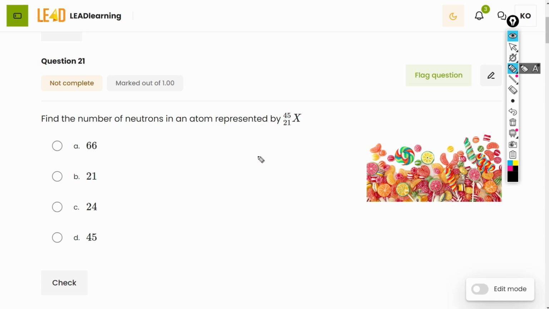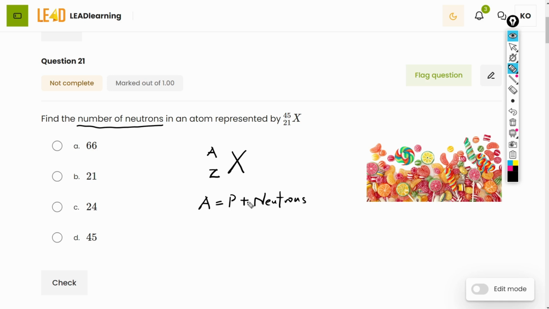Question 21. Find the number of neutrons in an atom represented by this. Now, if X is the atom, the number written at the top here is the atomic mass, while the number written at the bottom is the proton number represented by the alphabet Z. And the atomic mass A is equal to the proton number plus the number of neutrons.